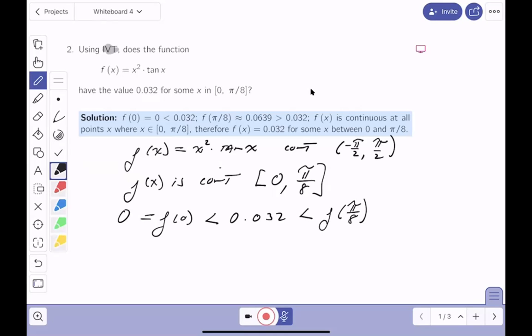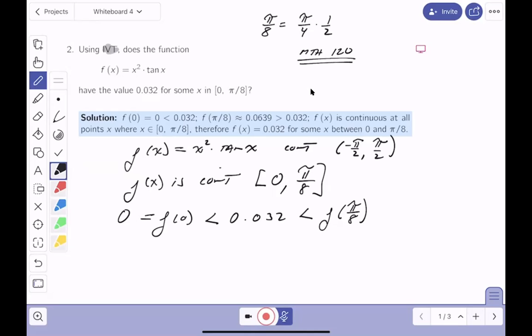I don't want to go through a lot of work, although you could. For example, pi over 8 is the same thing as half of pi over 4. So I could use the half angle identities to figure it out. You could. And where did you learn about the half angle identities? In Math 120.